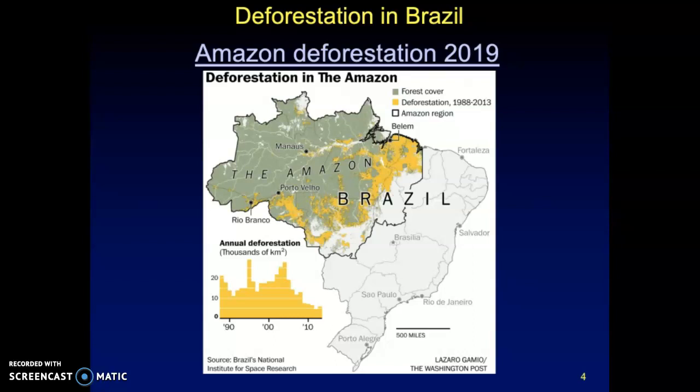There's a hyperlink there. This is your hyperlink to a Scientific American article on Amazon deforestation and what's going on. The new president of Brazil is encouraging deforestation, and we're seeing large amounts of the rainforest being cut down.